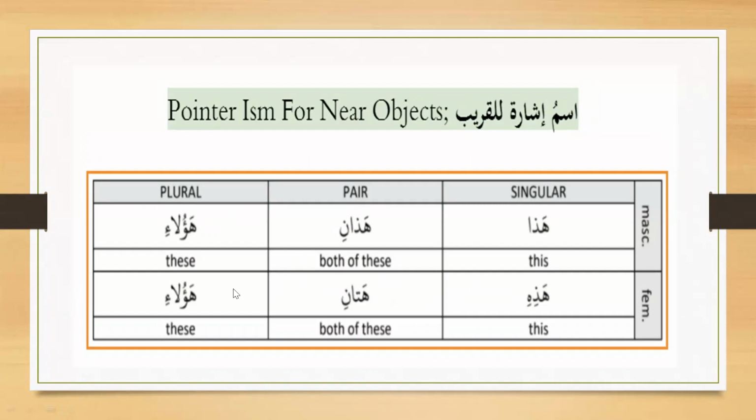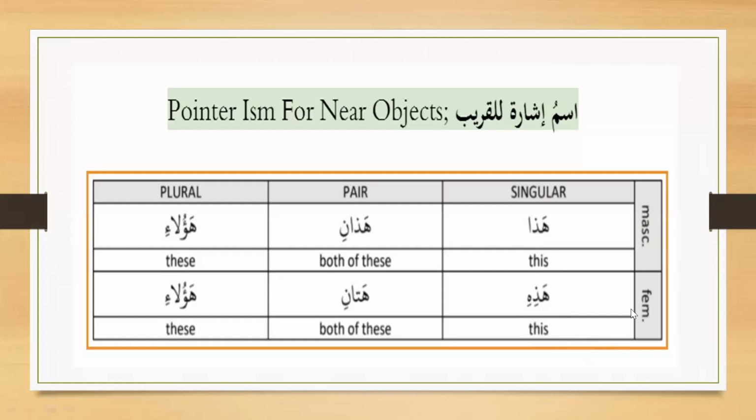Now these are the ism ishara, the first component in this fragment, and these are examples of ism ishara for near objects. Ism ishara lil qareeb. I think we learned it in lesson 5 also. Hada, hadihi. Both are pointing words for near things, and this is singular. Hada, this for masculine.